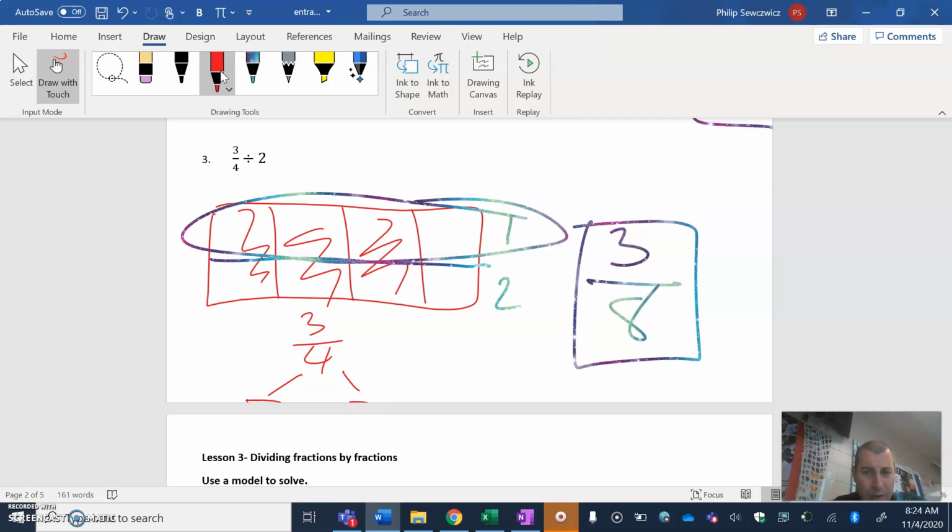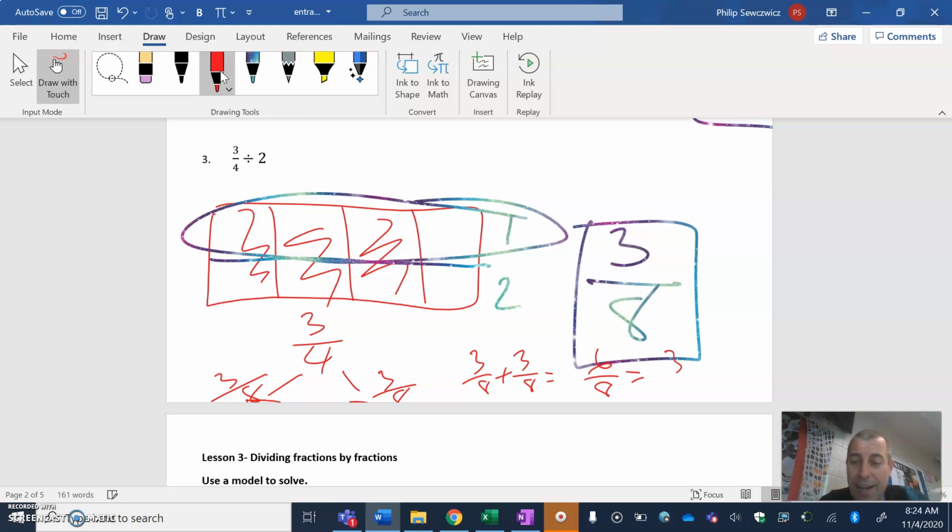There's 3/8 over here and 3/8 over here, and when I combine them together, I should get 3/4. Watch what happens: 3/8 plus 3/8 gives me 6/8. When we simplify that, dividing both by 2, hello, 3/4.